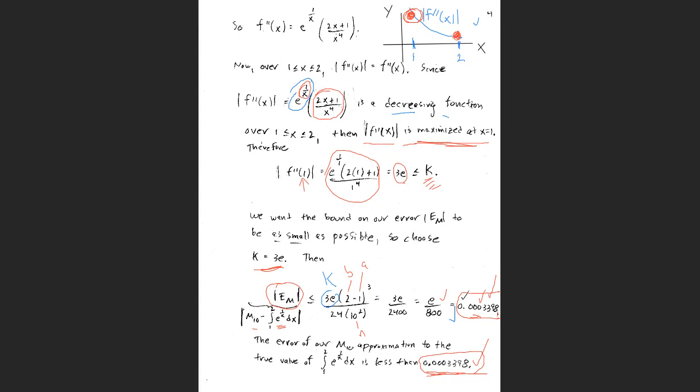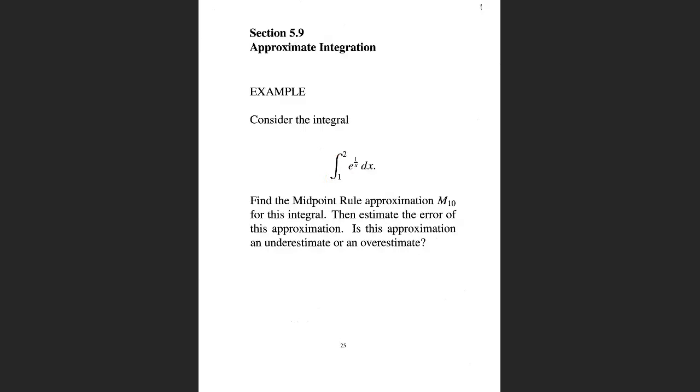Let me go back to the example here. This example really has three parts to it. We found a midpoint rule approximation. Now we have an estimate on the error of our approximation. The third question asks, is this approximation an underestimate or an overestimate?